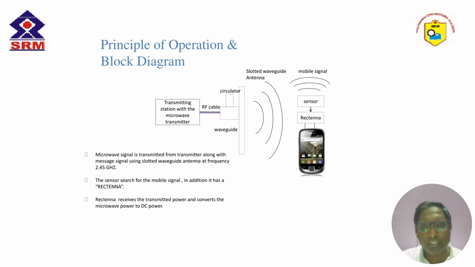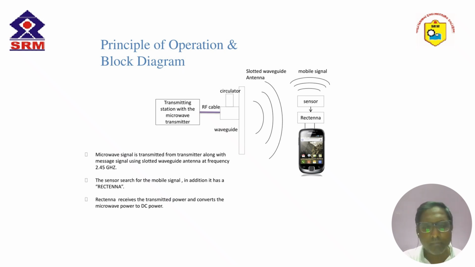It transmits the signal. These are the transmitter part. Similarly, in the receiver part, the sensor receives the mobile signal and transmits it to the rectenna. The rectenna senses the signal from the sensor, and then it is transmitted to the destination. Here the destination is our mobile phone.